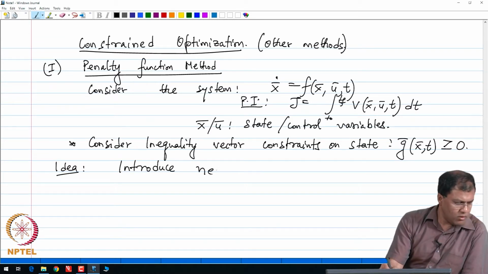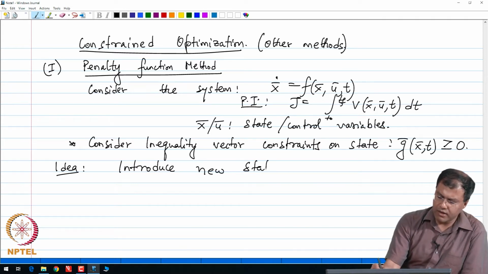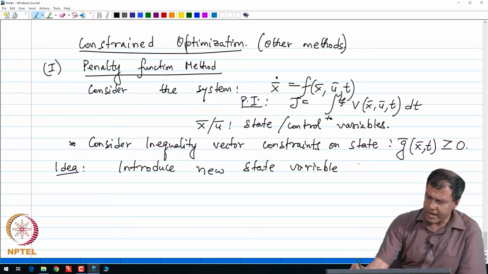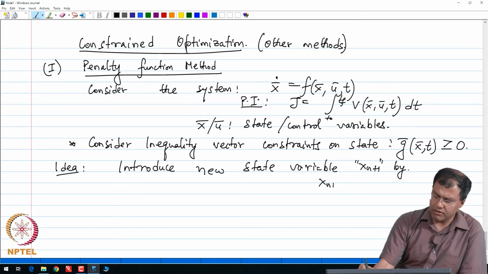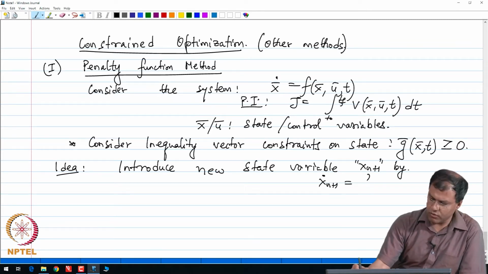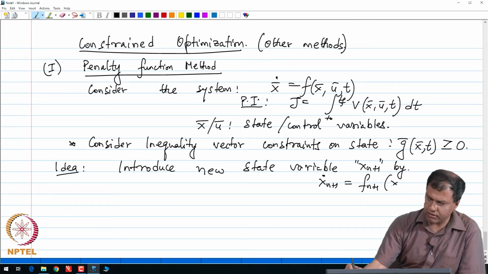We will introduce a new state variable x n plus 1, with x n plus 1 dot equal to f n plus 1 of x bar comma t.